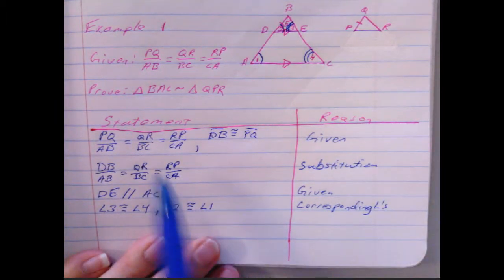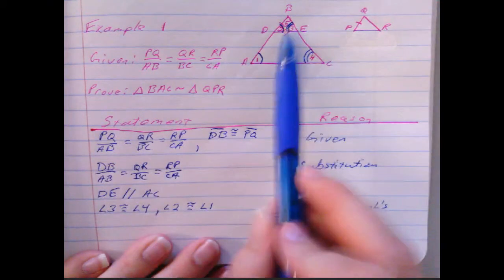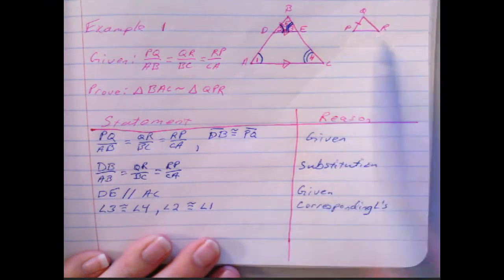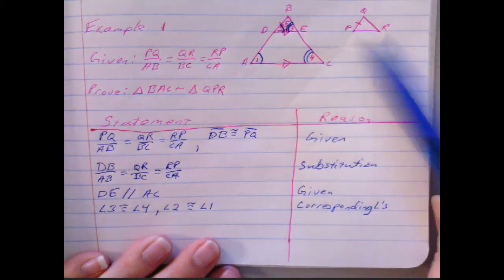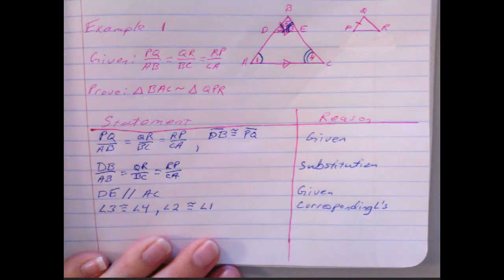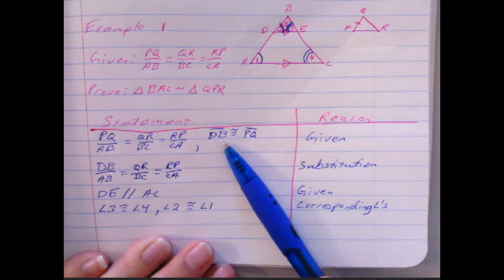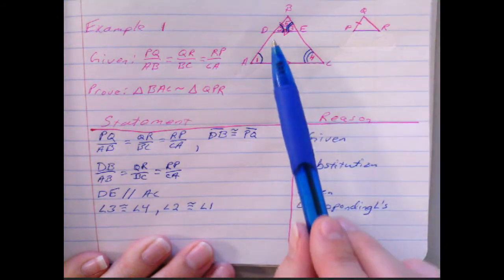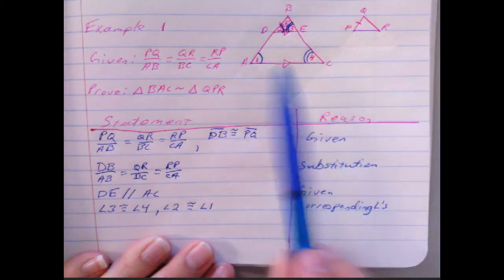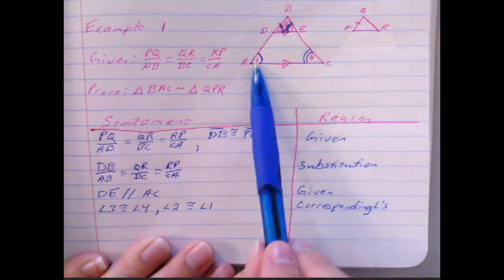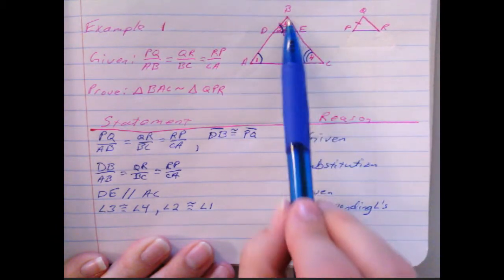Now we know from this statement up here that the two little triangles are going to be similar. Now we're trying to prove that the larger one is similar to this one. So once we have this piece, then we can actually say, since we have DB, let's see here, we have one angle here, we have one angle here, and then this one is shared.